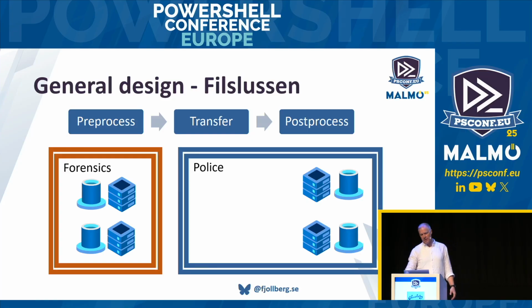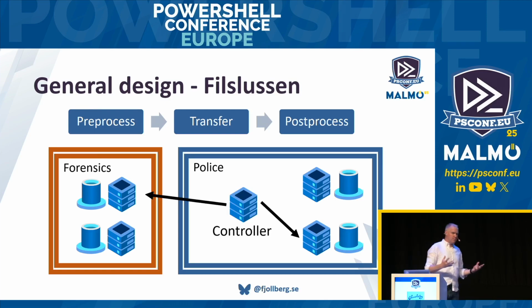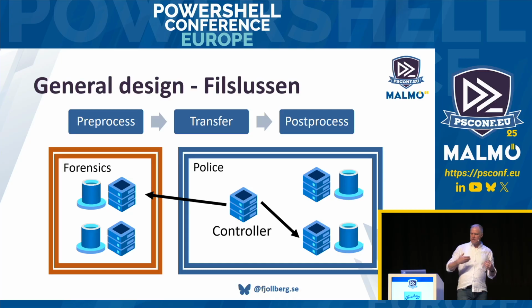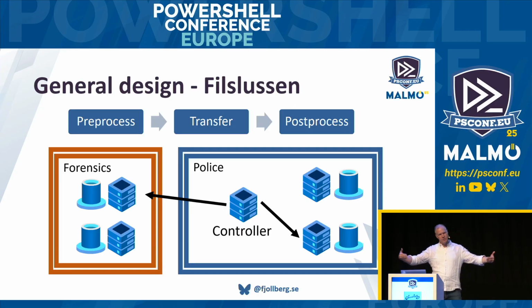And we need something to control all this, to start the processes and to allow an end user, because it's mostly the same end users at both sides, to start some work and then know when they can continue it at the other end. So with this in place, I felt rather confident.